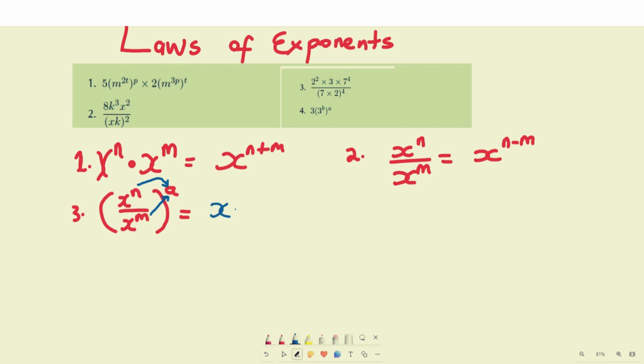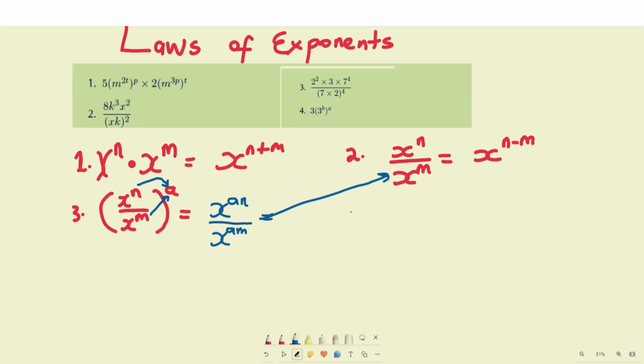So we're going to have x to the power n times a, which is an, all over x to the power a times m, which is am. Do you see it? That is how you remove the brackets in exponential expressions. You multiply all the exponents inside the brackets with the outside exponent. And you can see that this now applies to that rule there. You can now minus the exponents if you want to.